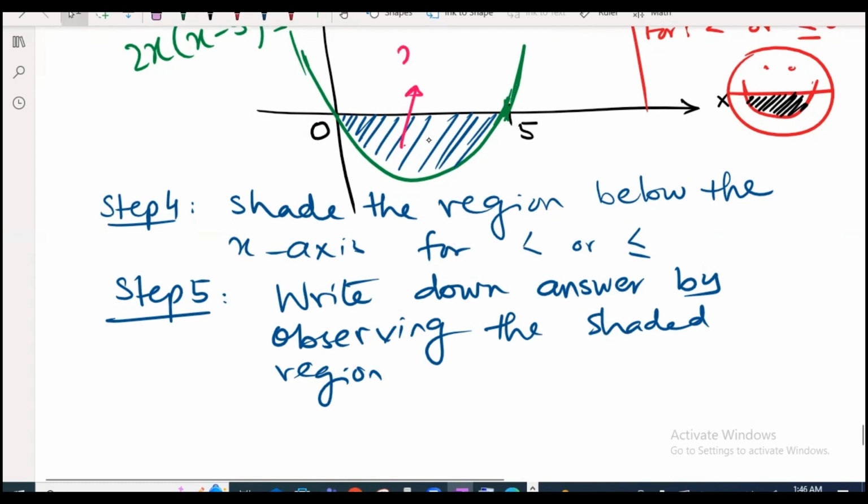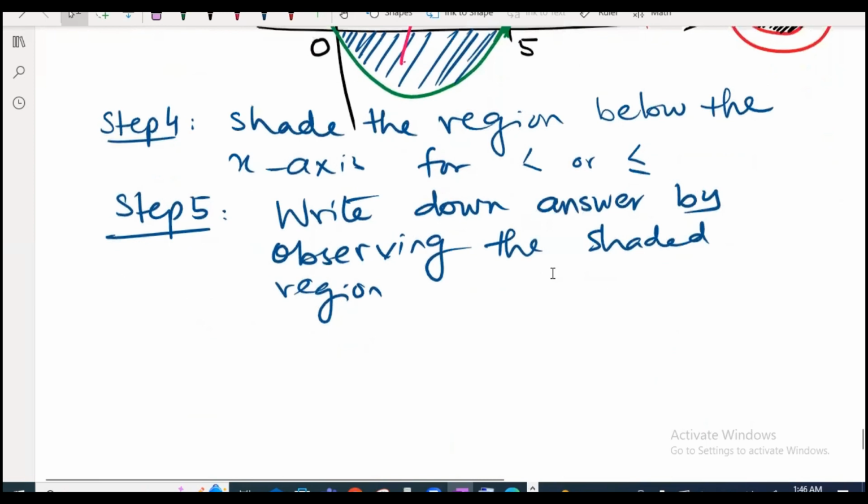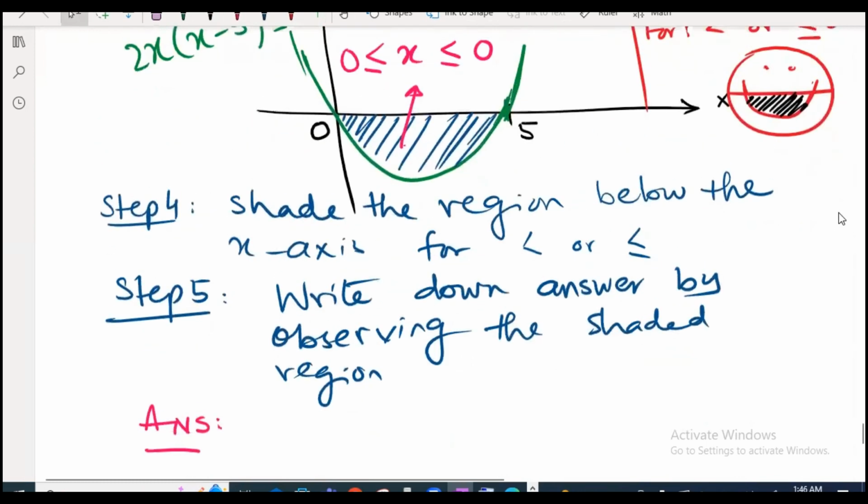So x in between 0 and 5 here. So answer is the set of values of x in between 0 and 5. This is the final answer.